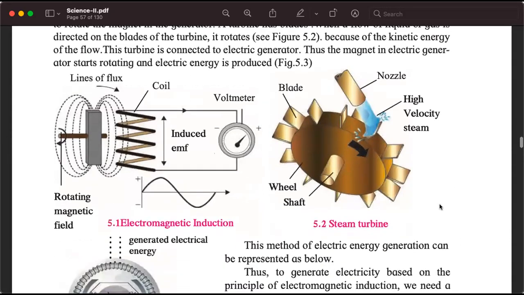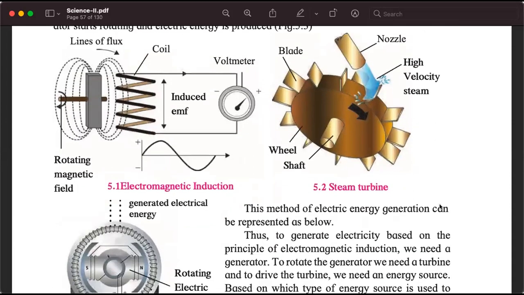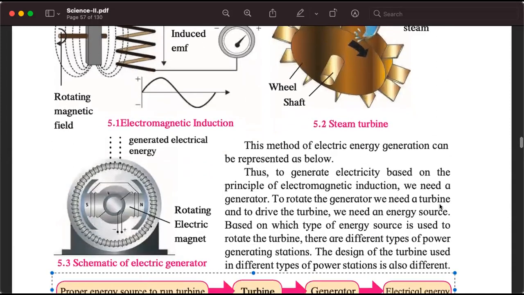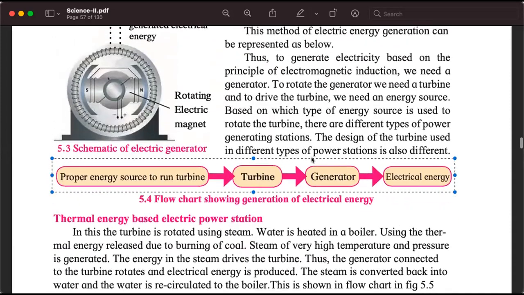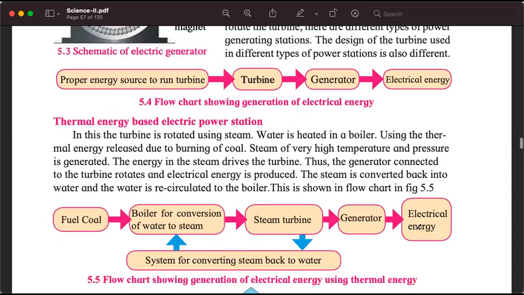It explains how the generator that we have studied so far is not what is used at a large commercial scale. We use turbines to move the magnet, which changes the magnetic field, and that generates electricity. This is the most important part of the chapter. And then the remaining part of the chapter talks about different ways of generating electricity, that is, different ways of moving the turbine.